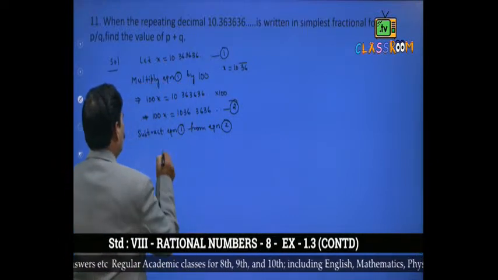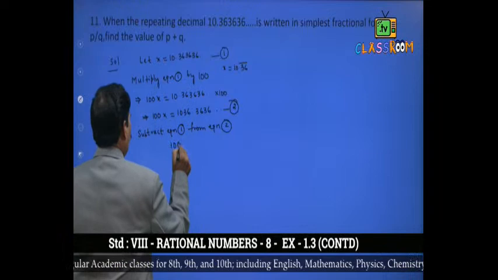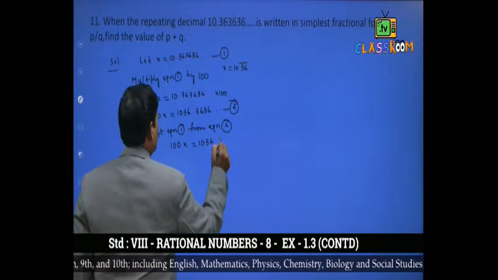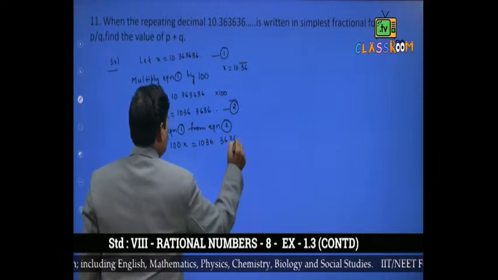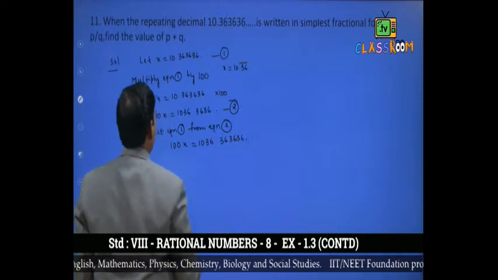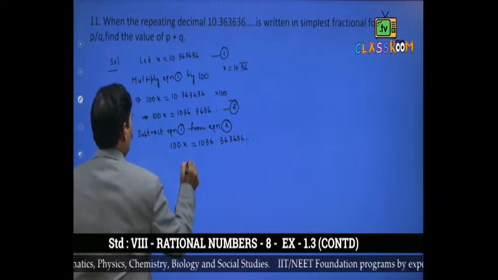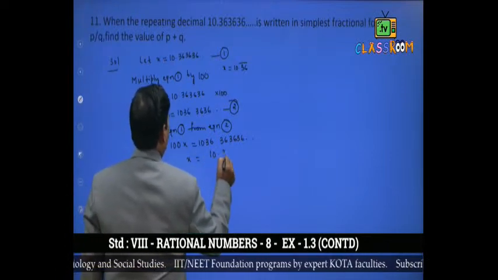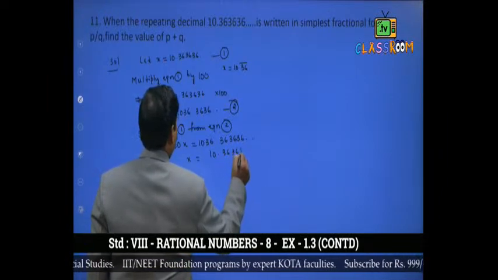So now we will write equation 2 first. 100x is equal to 1036.363636 so on, and x is equal to 10.3636 so on.